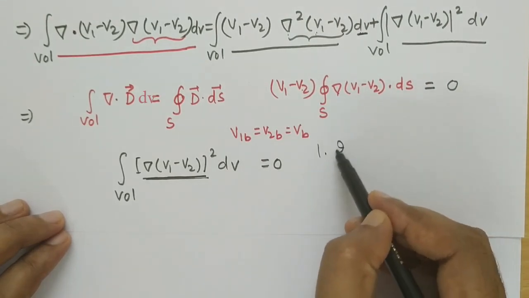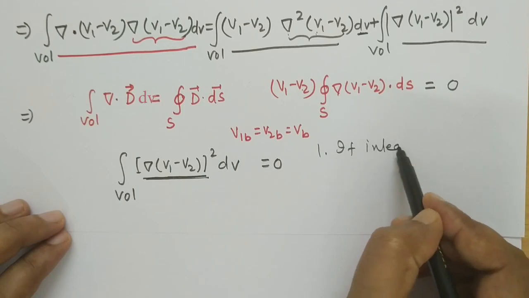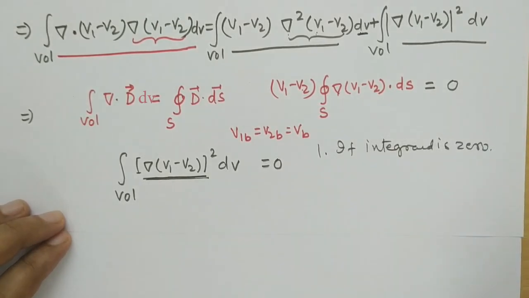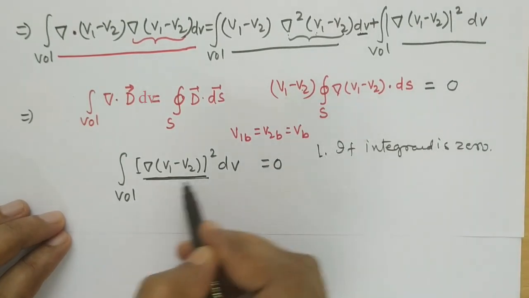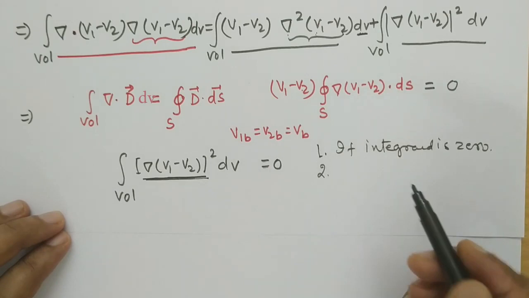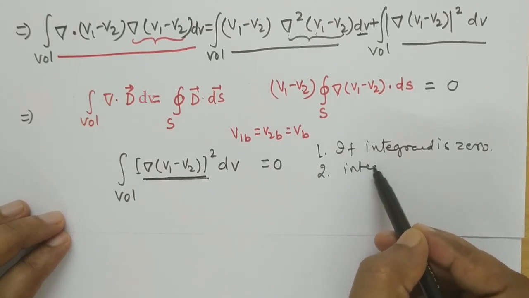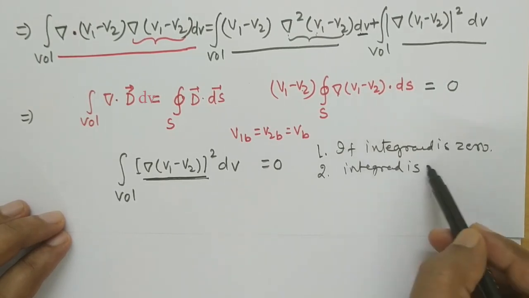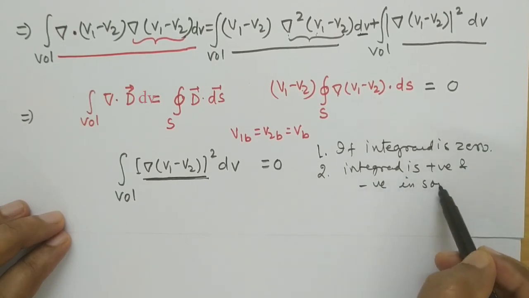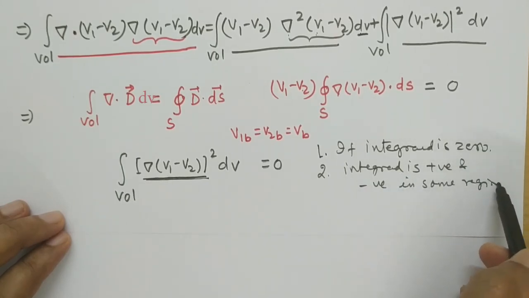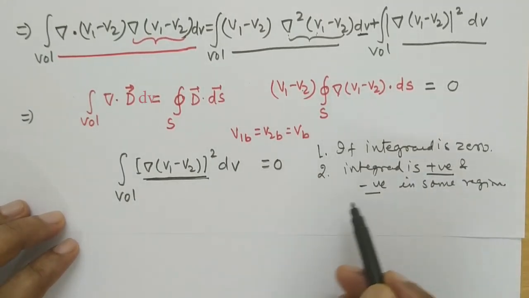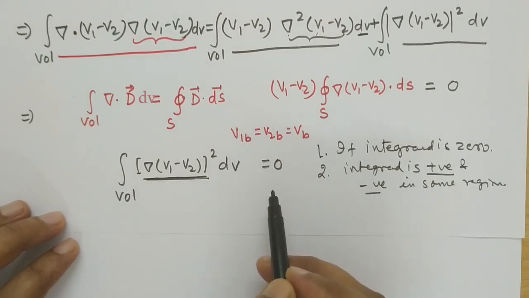First reason is if integrand is 0, the integration of that will be 0. And second possibility is integrand is positive and negative in some region. So in some region it is positive, in some region it is negative. So overall effect of integration is going to be 0.